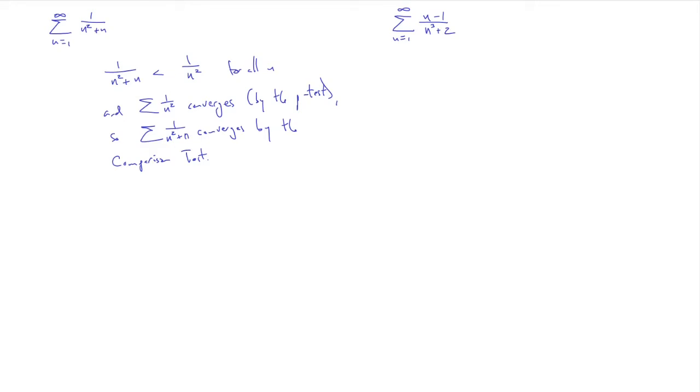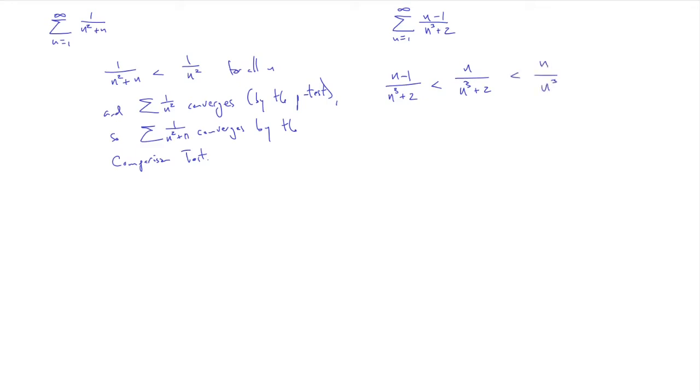You want to make it very obvious, so you want to go slowly, step by step. For example, n minus 1 over n cubed plus 2 is very clearly and obviously less than n over n cubed plus 2 because it has a smaller numerator.